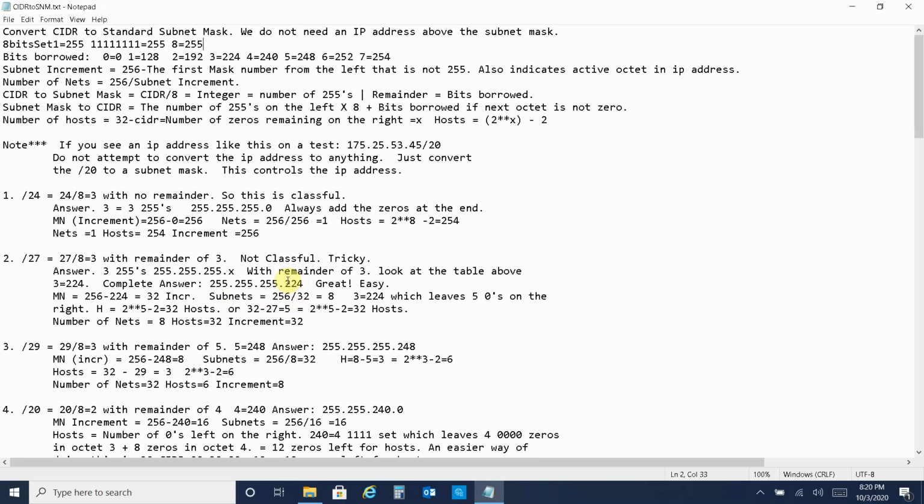That's going to be the active octet for the subnet. Now, this will also equal the active octet when you put an IP address above this. So these will always line up with whatever IP address we decide to put over this.